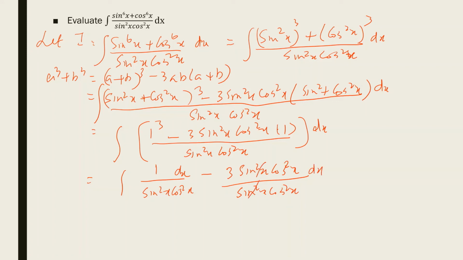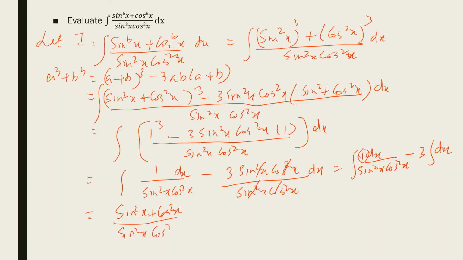So sine square cancels, cos square cancels, so the expression will become dx by sine square x cos square x minus 3 into integral dx. So here this 1 can be written as sin square x plus cos square x divided by sin square x cos square x dx and minus 3 integral dx.